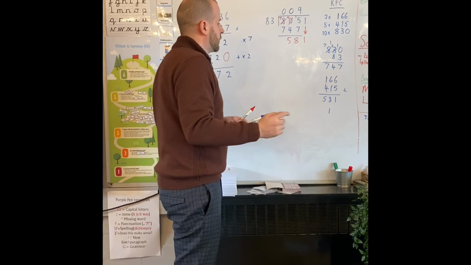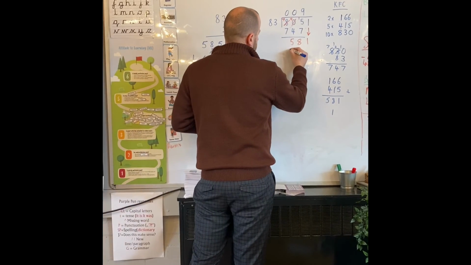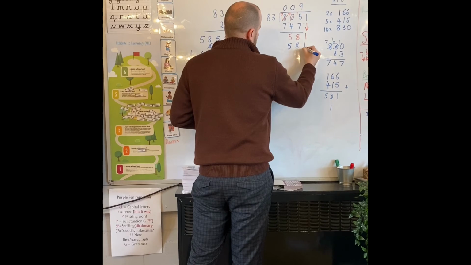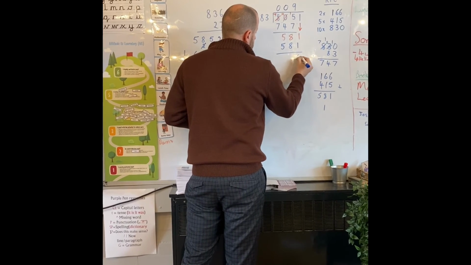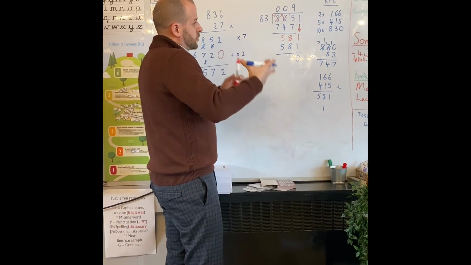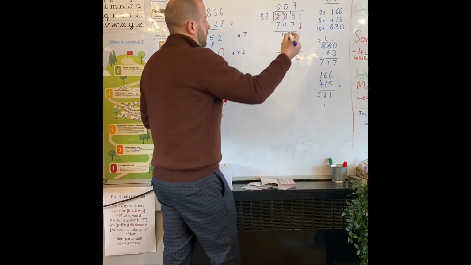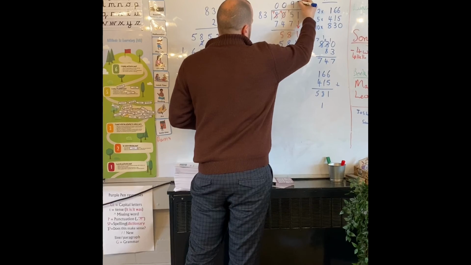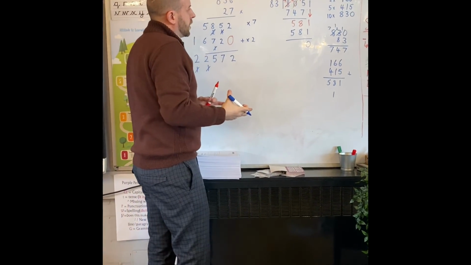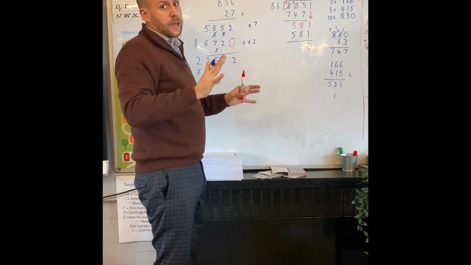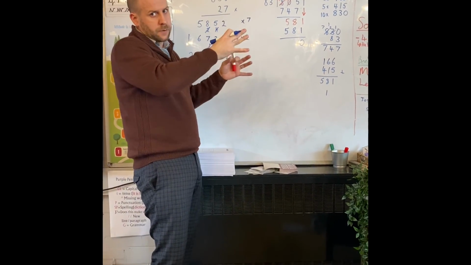It doesn't always work, but on this occasion it has. So on this occasion we do our 581, and the aim is always to go down to 0. If it doesn't go down to 0 and it's a number less than 83, then obviously that is a remainder. If it is more than 83, obviously that's when we've made a mistake and we'd have to go back to our working out.